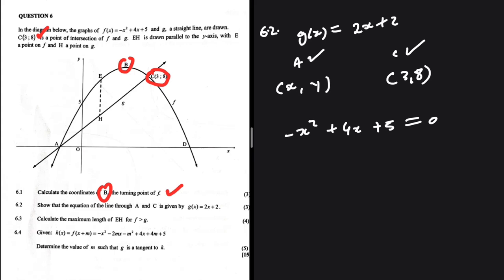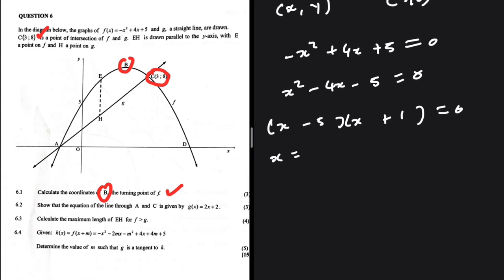If we divide both sides by minus 1, we get x squared minus 4x minus 5 equals 0. So factors of minus 5 that add to minus 4: minus 5 and plus 1. This is equal to 0. So x is equal to 5 or x is equal to minus 1.